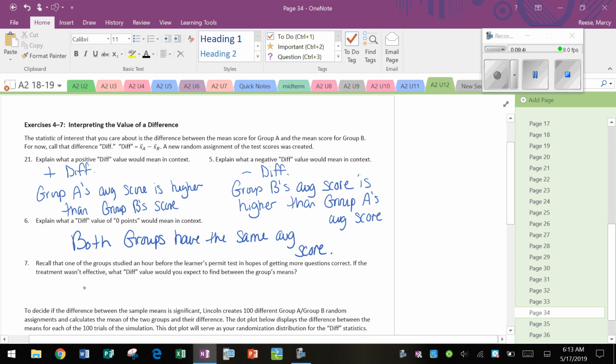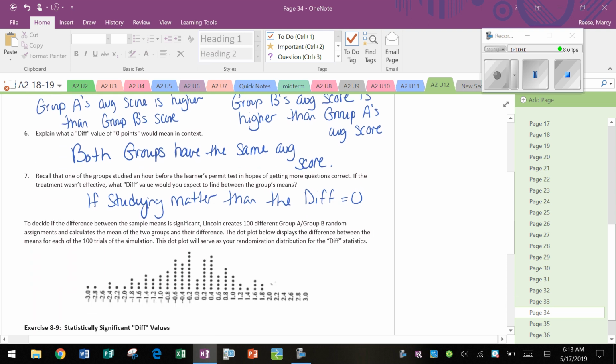So we would probably say if there's nothing, if studying didn't matter, then the diff would probably be 0, right? It would probably equal 0. Okay? And there's a little bit more to it than that, of course.